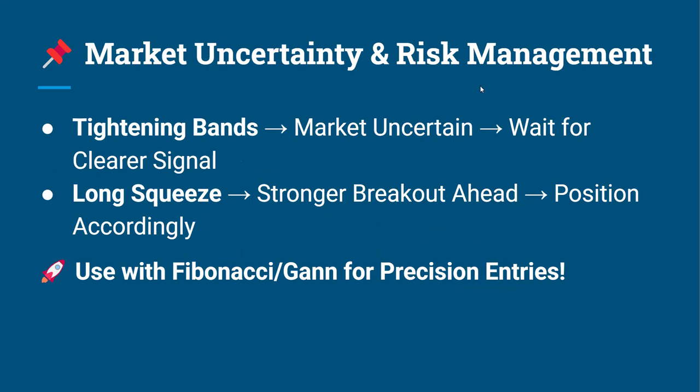Market uncertainty and risk management. When the market becomes uncertain, the tightening of the bands indicates that. The market doesn't know where to go. You might have noticed ranges followed by expansion. That's what happened in the Nifty.